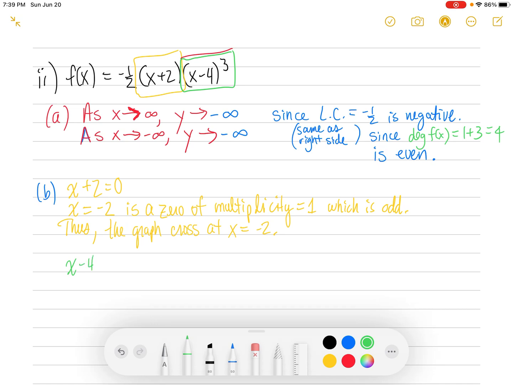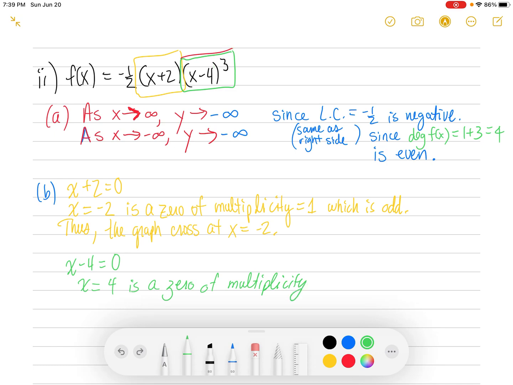Okay, I take my second factor, the green one, x minus 4, and disregard the power, the multiplicity of 3. I'm going to set that equal to 0. I'm going to get x equals 4 is the 0 there. X equals 4 is a 0 of multiplicity. So what is the multiplicity?